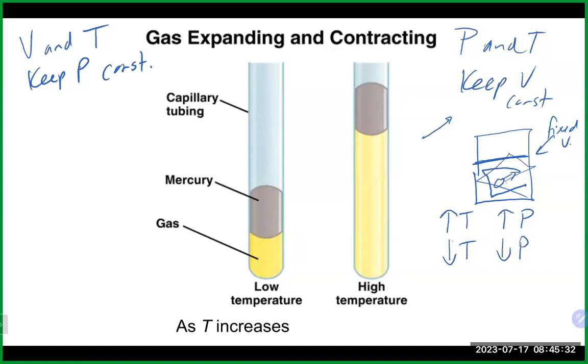Now, on the other end of the spectrum here on the left, we're going to look at volume and temperature. In this case, we are going to keep pressure constant, which means the volume is not constant. So if we take our same gas molecule and increase the temperature, as we just talked about, if the volume is fixed, we would expect the number of collisions to increase and the pressure to go up. But here, we actually want to keep the pressure constant.